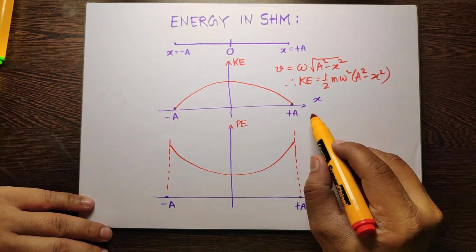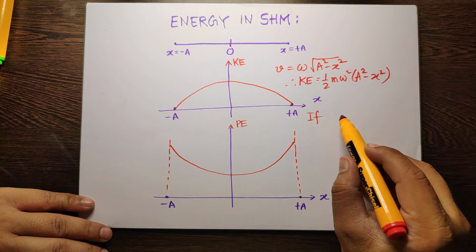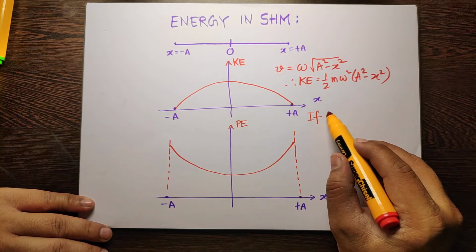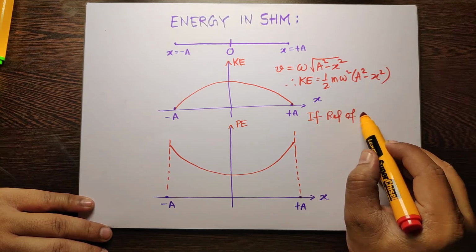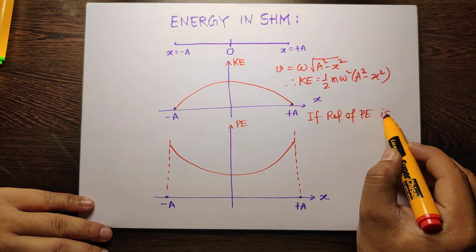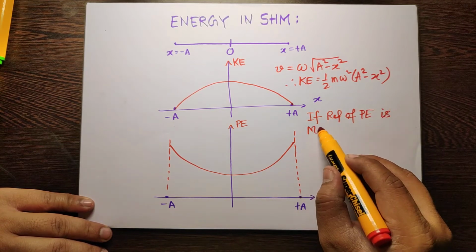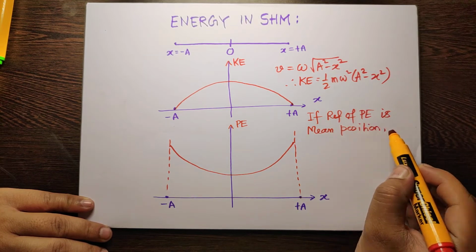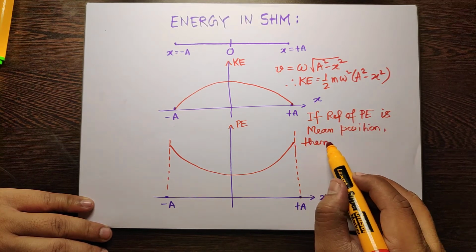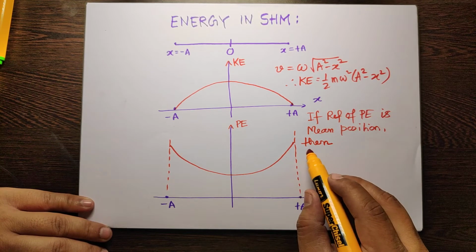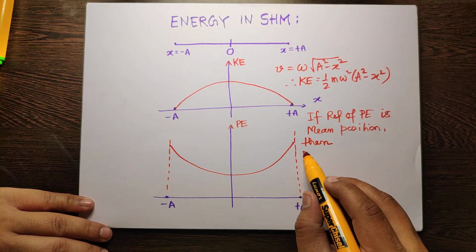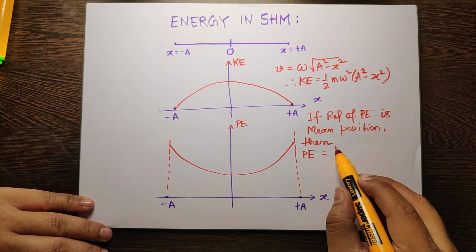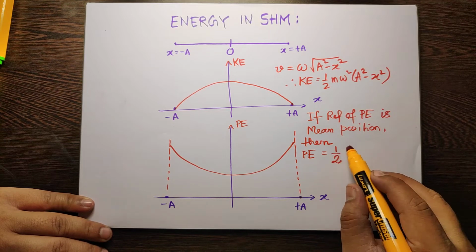Now if the reference of potential energy is the mean position, then the expression for potential energy will be half kx square.